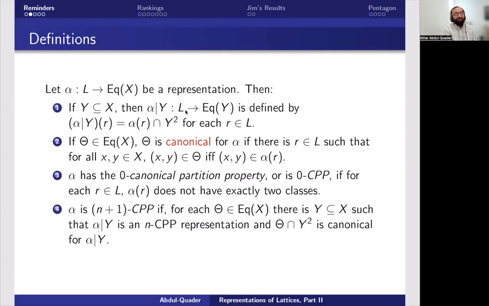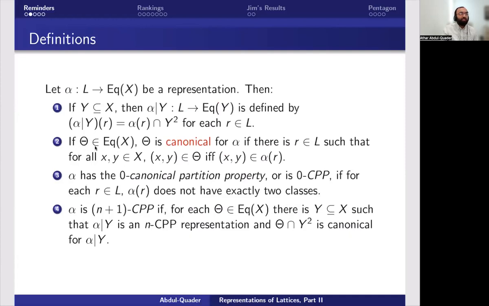So alpha restricted to Y is the representation of L onto the equivalence relations on Y, defined by taking each equivalence relation alpha of R and restricting it to Y, so intersecting it with Y squared.